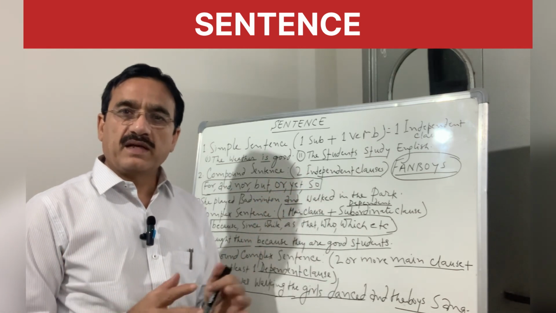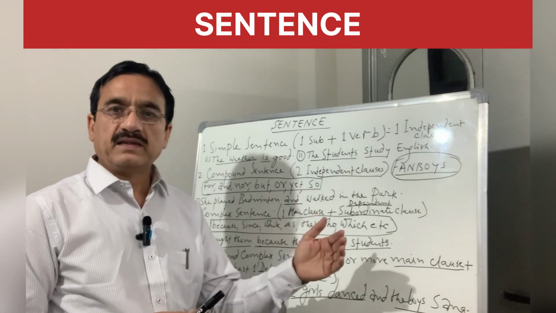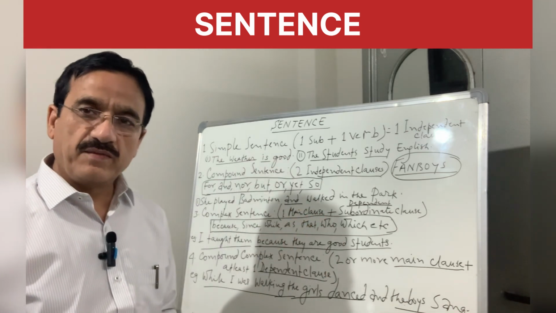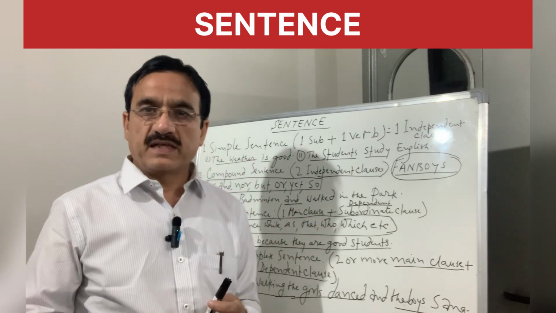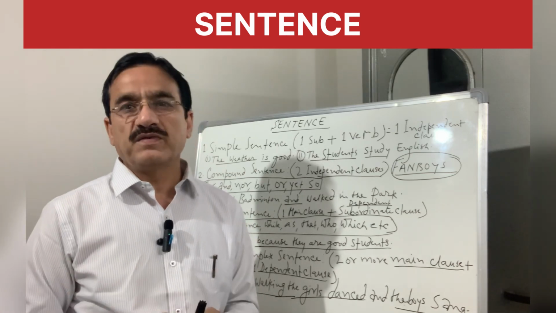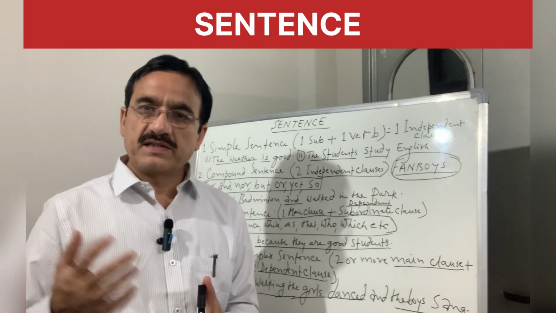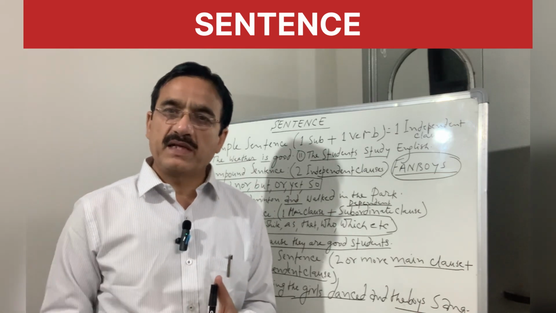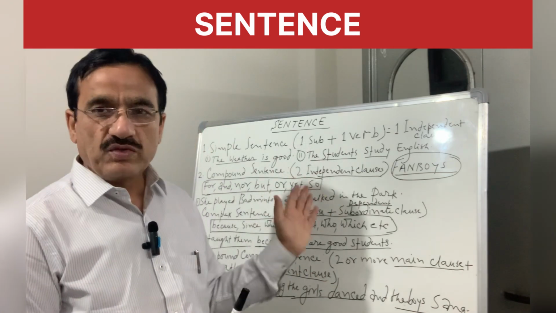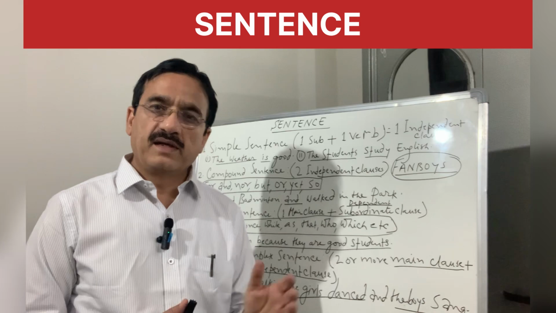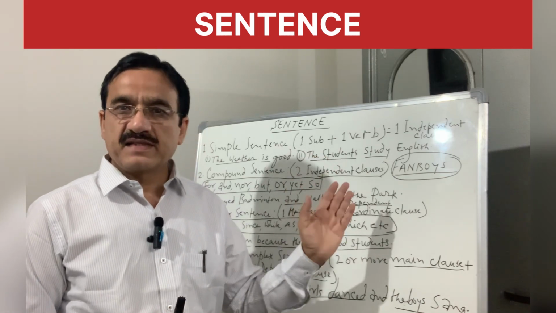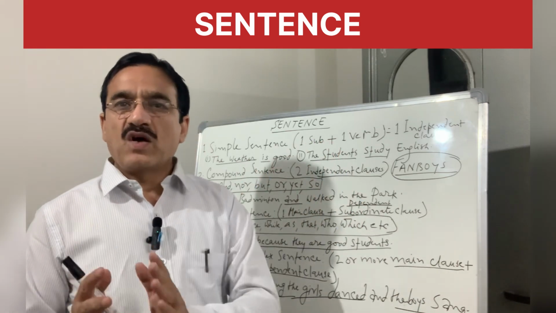Let me again recapitulate that earlier in the videos we did kinds of sentence on the basis of meaning and word order. They were assertive, interrogative, imperative, exclamatory. Now today I did sentence as per clause structure.